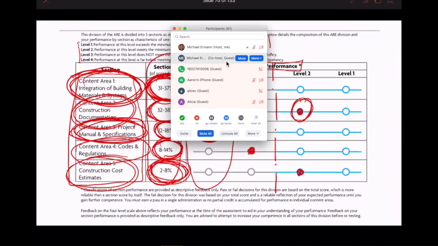In insulation, rigid insulation and mineral wool is more expensive generally than cellulose or fibrous insulation like glass fiber. What other areas?